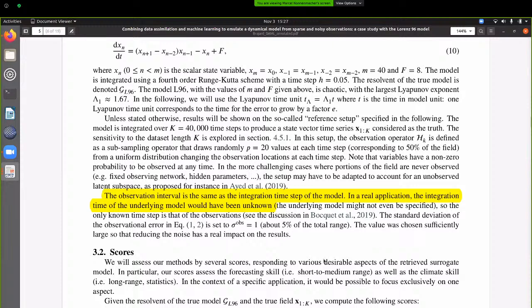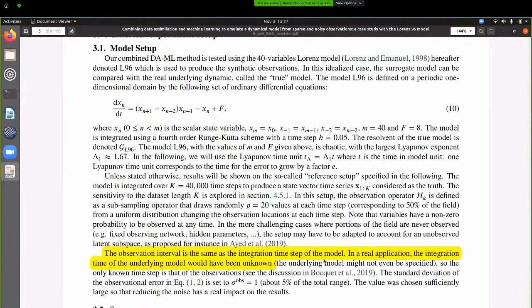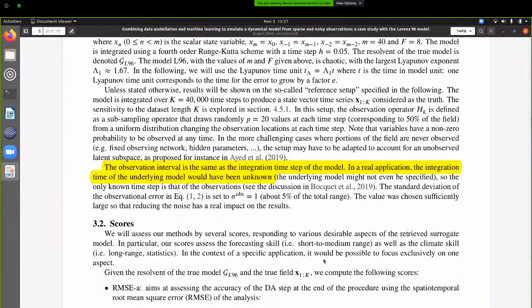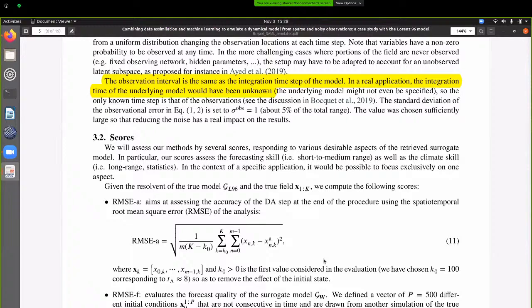They do assume that they know the time step of the integrator, essentially by having, for every integration time step h, one observation. I'd point out this would not be known in a real model, so you would have to think about how you set up the dynamics.